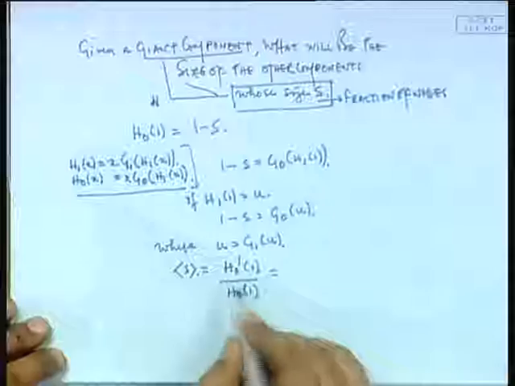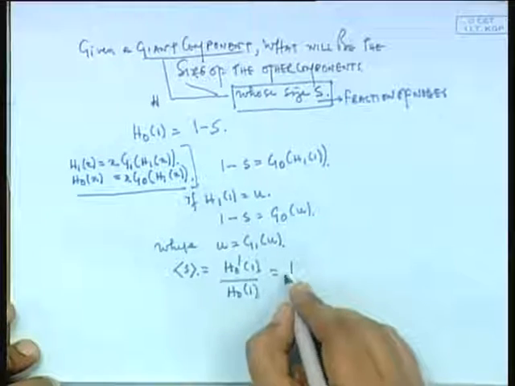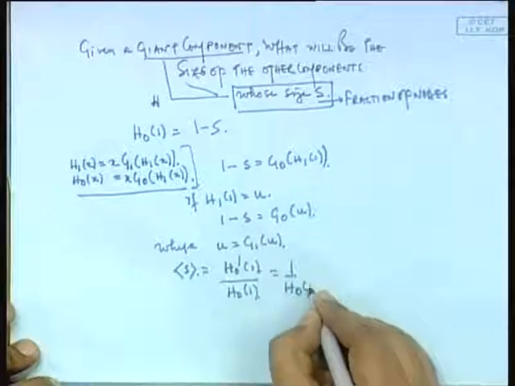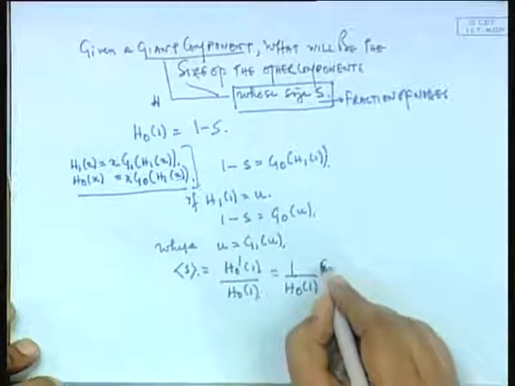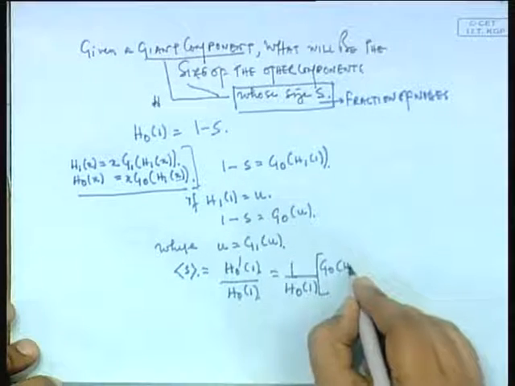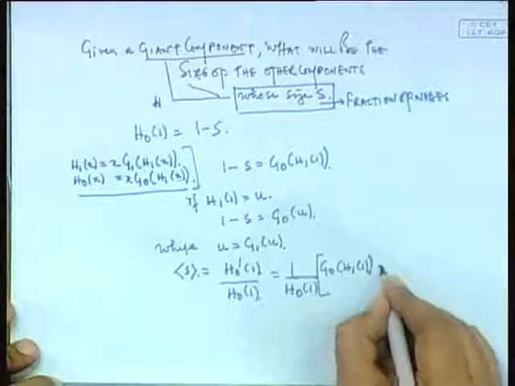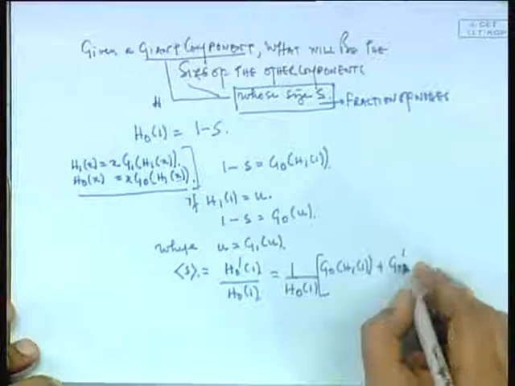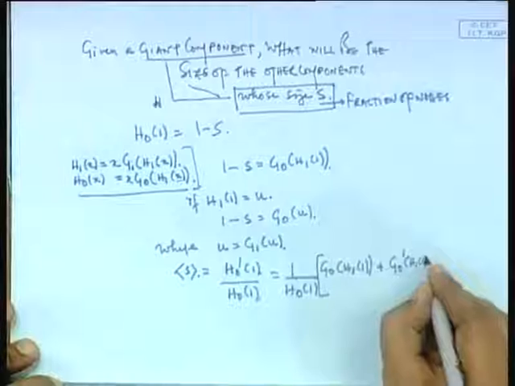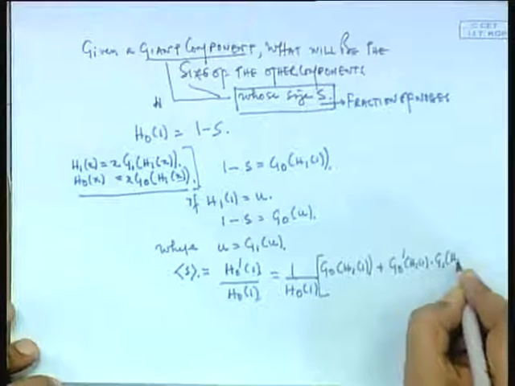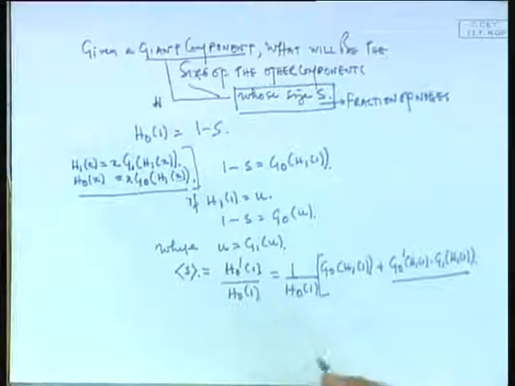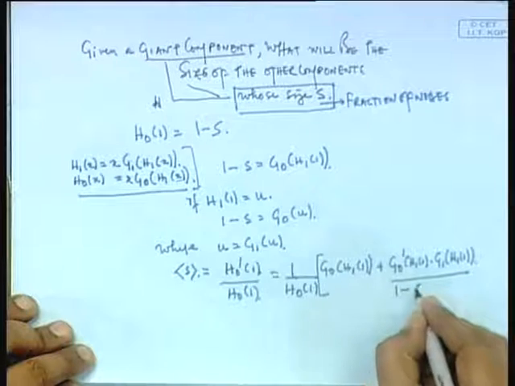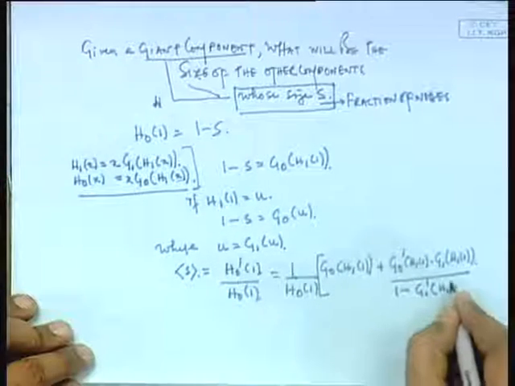Clear? So, then what is H 0 dash 1? Again from this you know it will be G 0 H 1 1 plus G 0 dash H 1 1 into G 1 H 1 1, meaning unlike the previous case, here we cannot just put H 1 1 equal to 1, and 1 minus G 1 dash H 1 1.